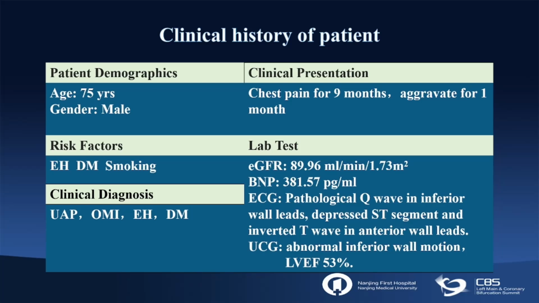ECG showed pathological Q wave in inferior wall leads, depressed ST segment and inverted T wave in anterior wall leads. UCG showed abnormal inferior wall motion, and left ventricle ejection fraction is 53%. Clinical diagnosis is unstable angina and old inferior myocardial infarction, hypertension, and diabetes.